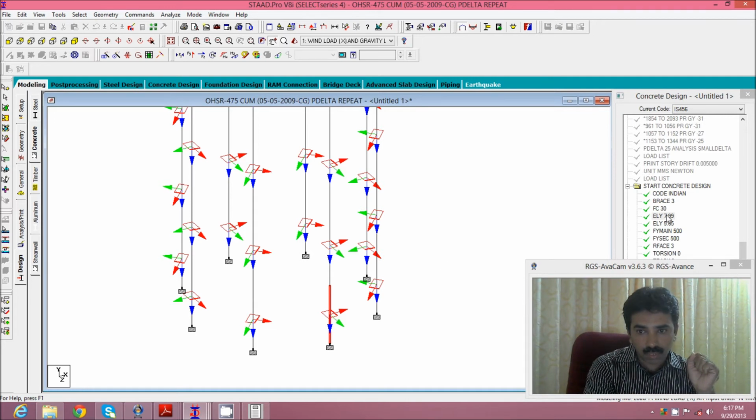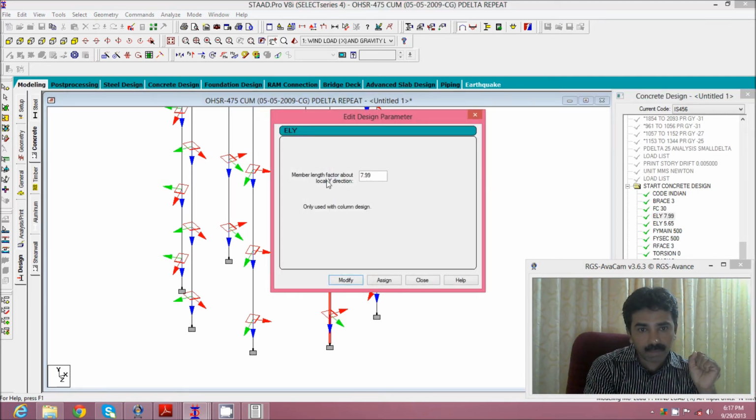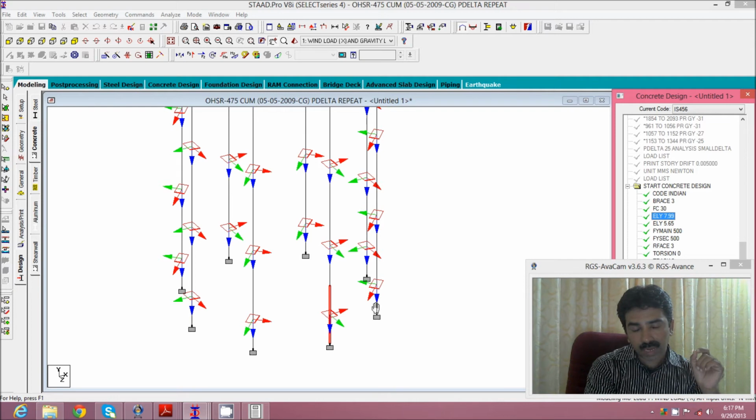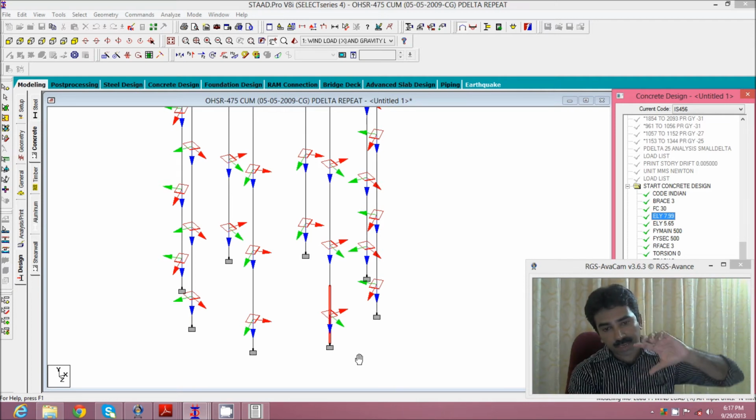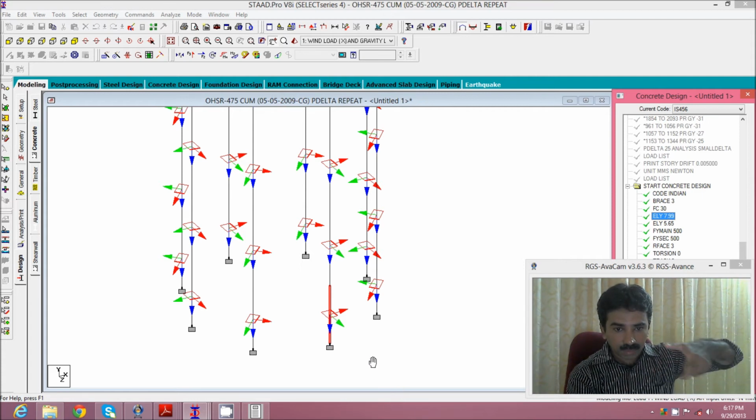So now what does this indicate? Member length factor about local y direction. Now this is our y direction. That is the reason we have to give ELY as 7.99, because the member length factor is about that particular direction, and it is local y.